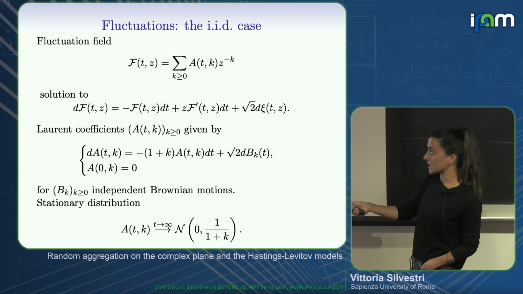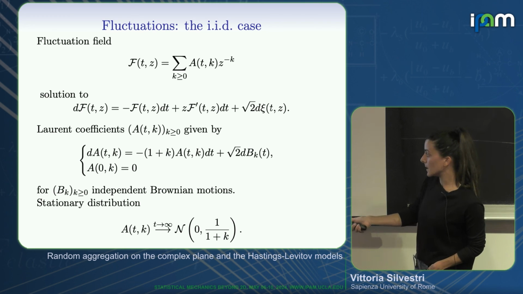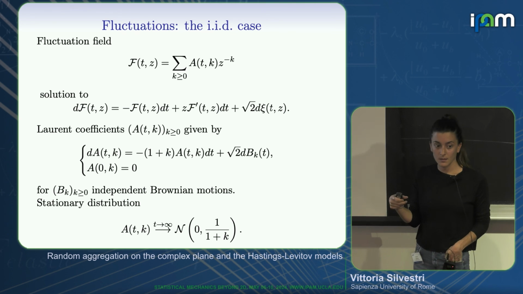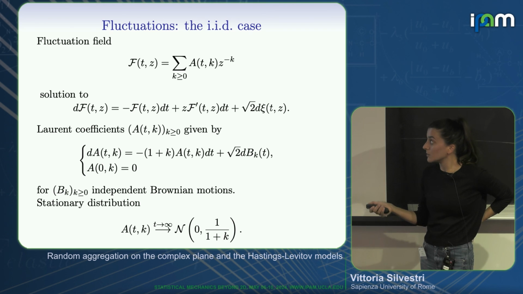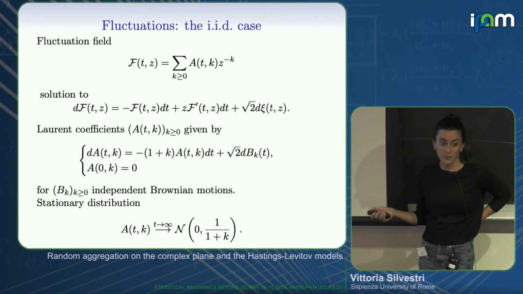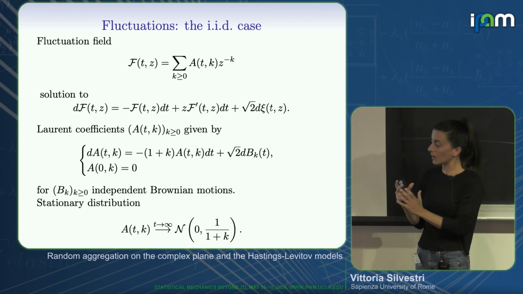So higher Fourier frequencies relax to equilibrium faster. And the equilibrium of the kth Laurent coefficient is a Gaussian distribution of a variance roughly 1 over k. So this field on the boundary should remind you of a log-correlated field in 2 dimensions.